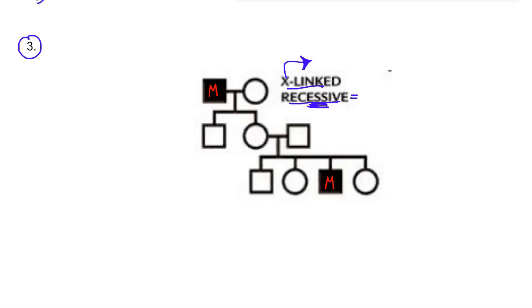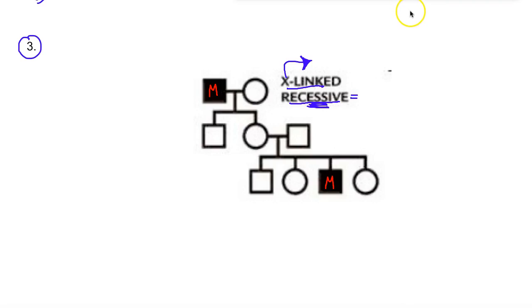A great example of a sex-linked or X-linked gene is hemophilia. And hemophilia has been studied very much through the family history of the noble family of England, because hemophilia is a disease where individuals have a tough time forming blood clots.